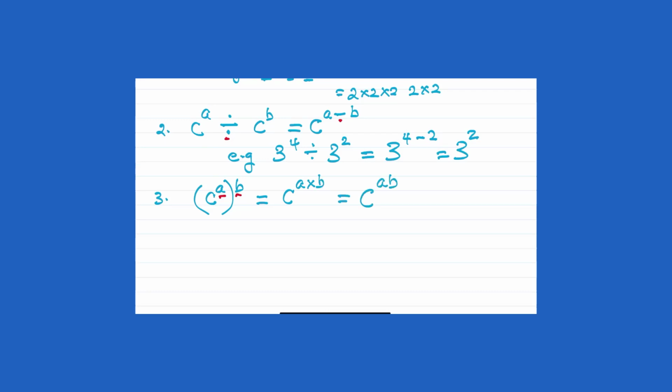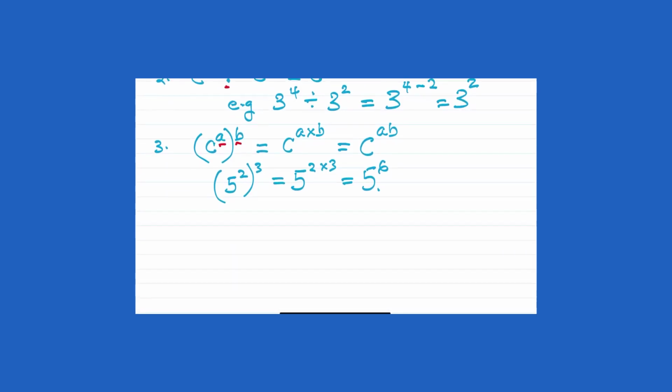So let's say we have something like 5 to the power of 2 and now to the power of 3. For us to remove the parenthesis, we're going to have 5 to the power of 2 times 3. And that will be 5 to the power of 6. And that is how we apply that law.